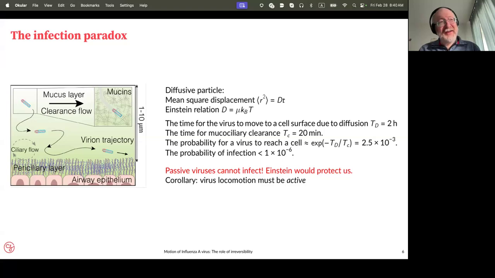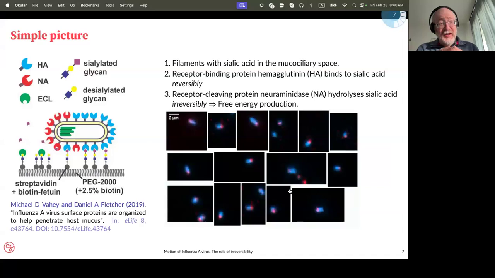What happens is that the virus is very smart about it. Here is a model: the virus has some binding proteins which bind to filaments in the mucociliary layer. You can think of your mucociliary layer as lots of small filaments in a fluid, and the virus can bind. The binding itself is reversible.